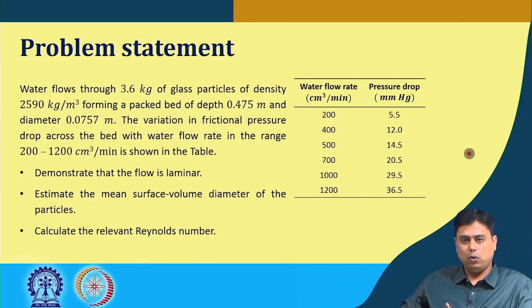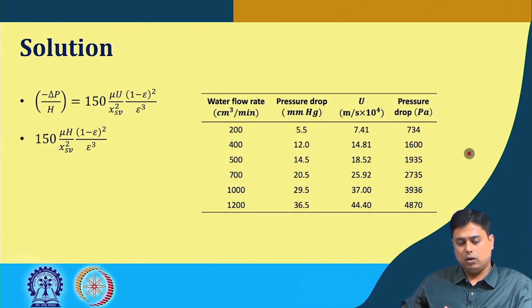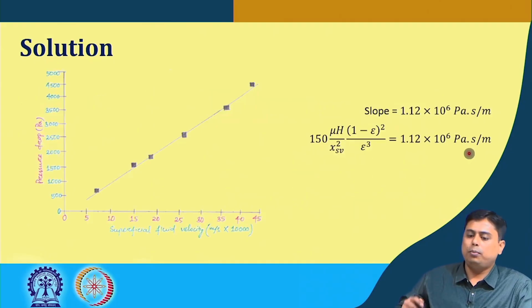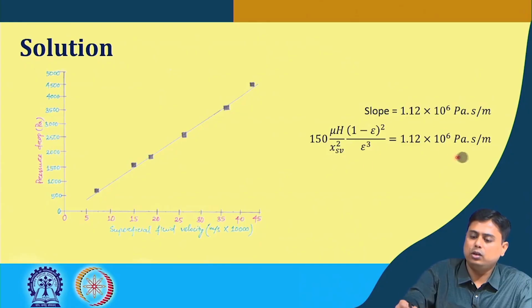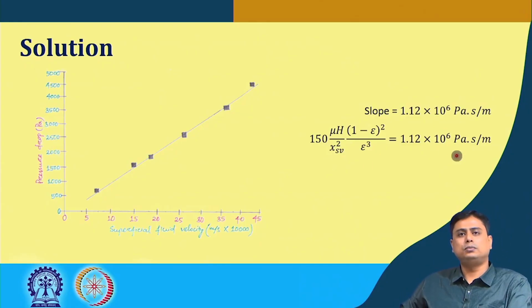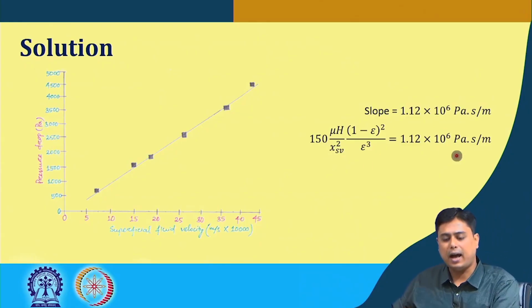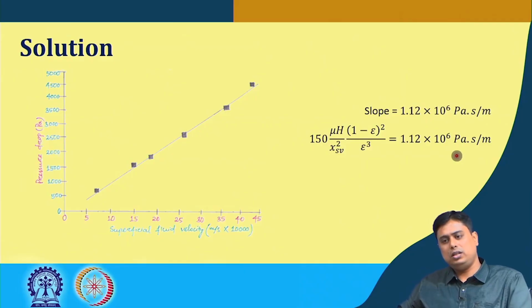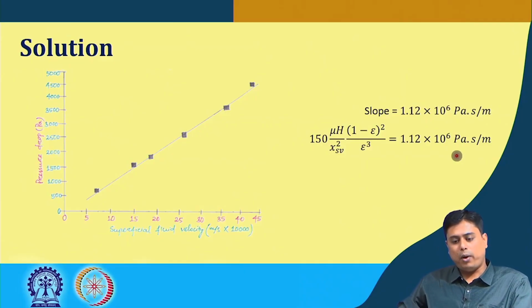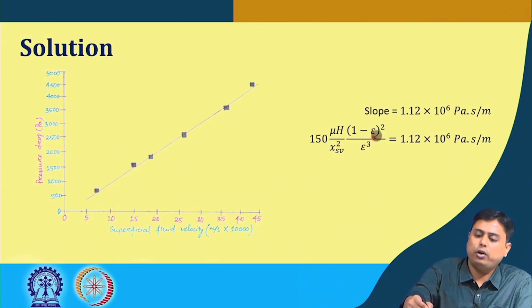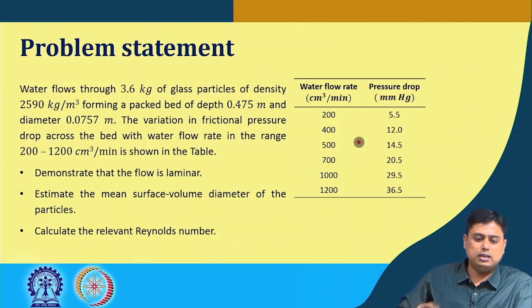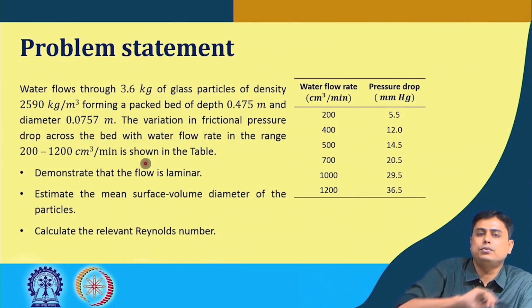Here flow is laminar, the slope value is known, and this slope parameter we have equated with the known value. Now, here bed height is known, viscosity is known, the point here is the epsilon or the voidage. This information is directly not given in the problem statement.